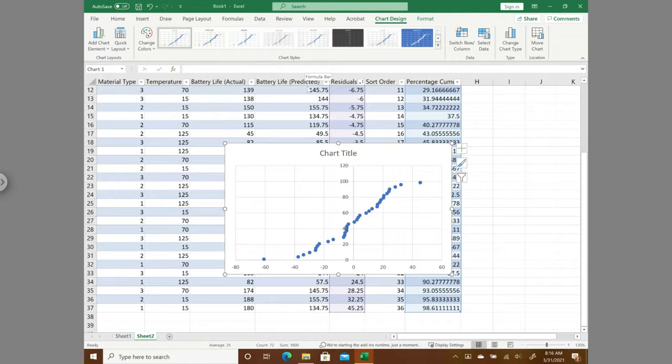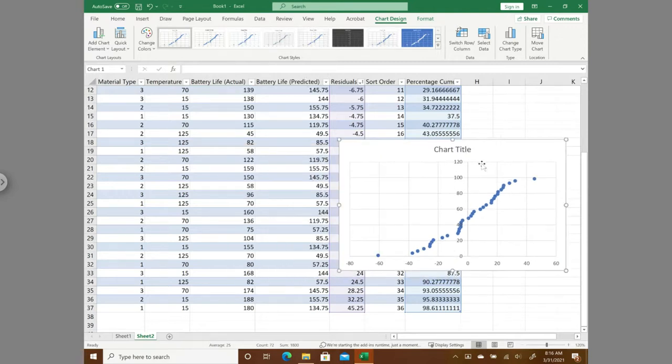So we can do a couple of things to organize this chart. First of all, the chart title is normality plot of residuals. Then this y-axis, as you know, the cumulative percentage probability should be from 0 to 100%.